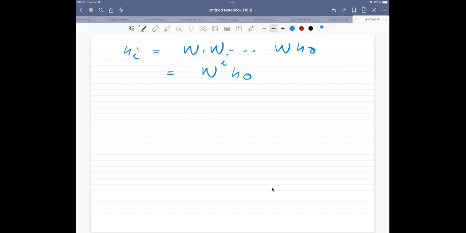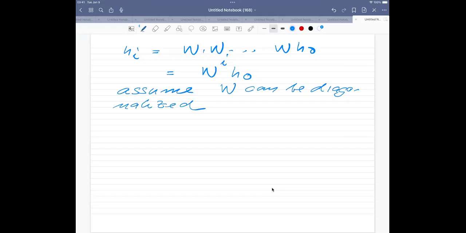Suppose now that you can diagonalize this matrix W. So we assume that W is a square matrix which we can diagonalize, because we can make a simple analysis here. That means that W can be written in terms of a unitary or orthogonal transformation times a diagonal matrix D times the transpose.